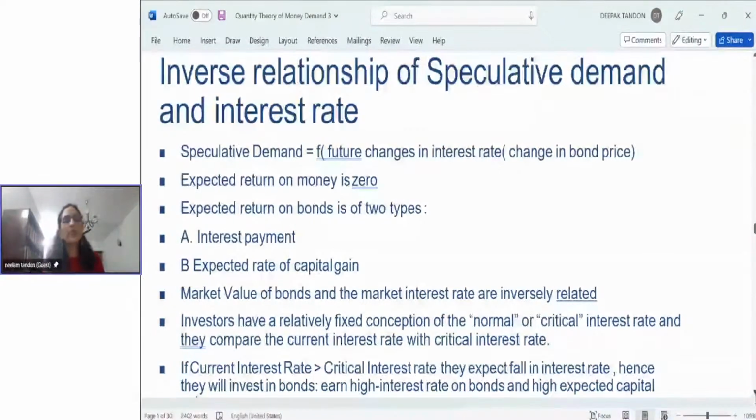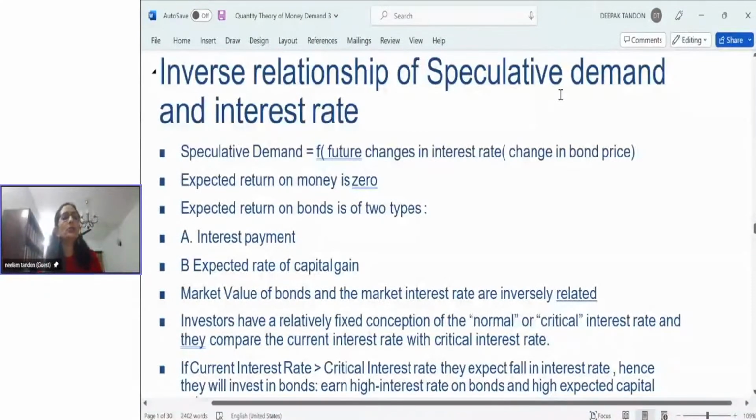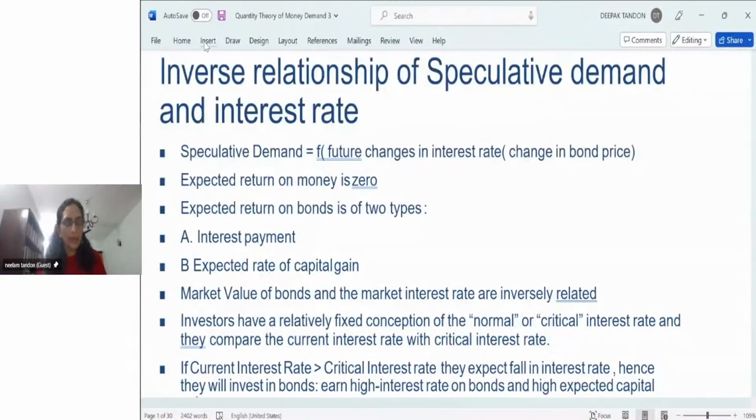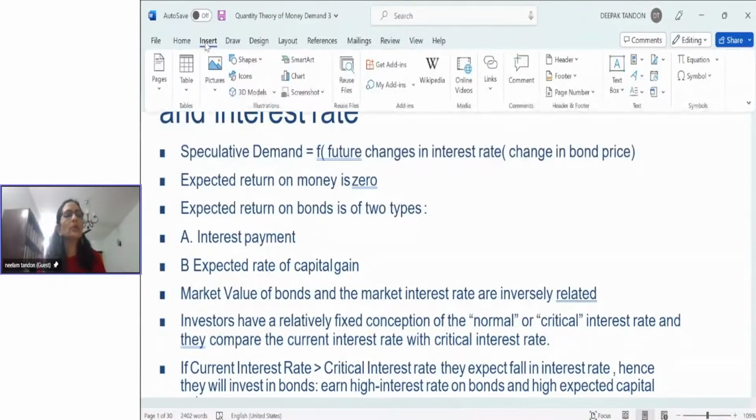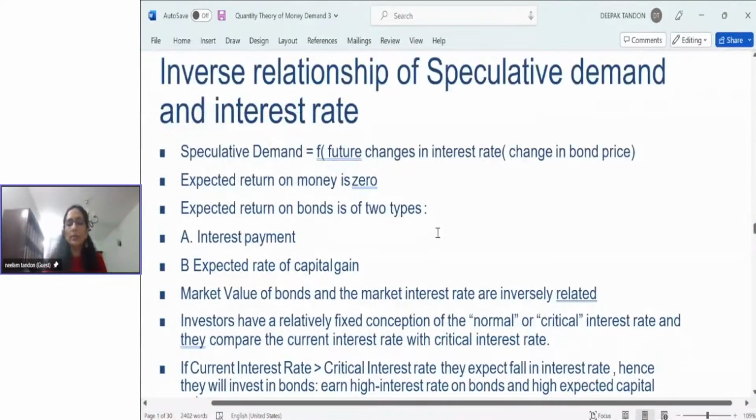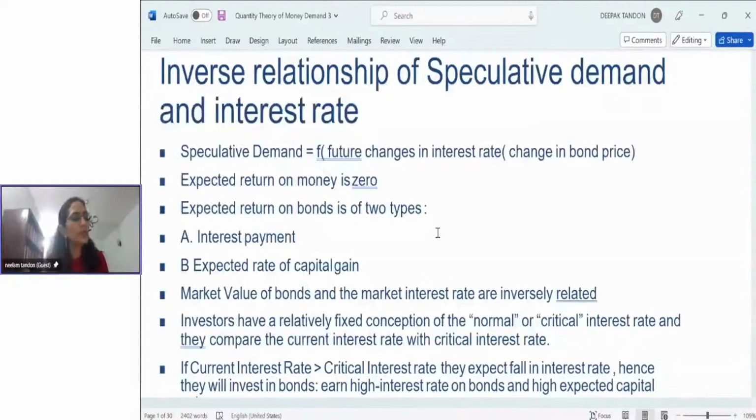So the bond was issued on April 3rd, 2022, bond price was 1,000 rupees and interest rate was 5%.